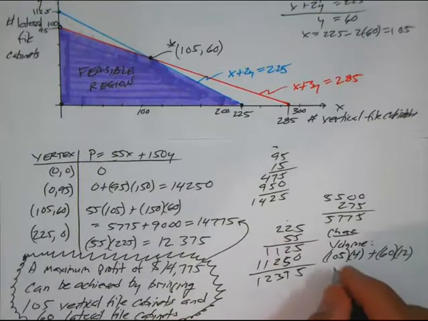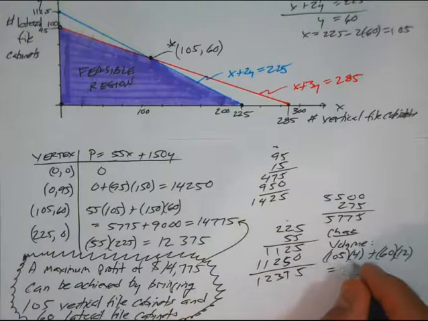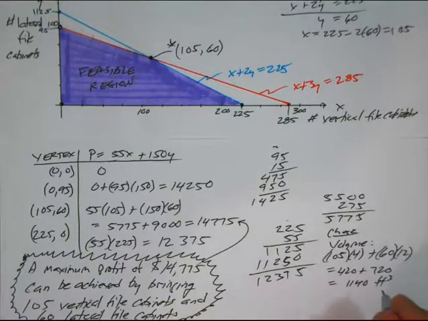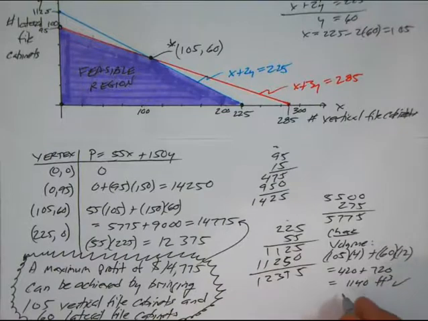Let's see, this would give us 420 plus, 6 by 12 is 72, add a 0, 720. We're up to 1140 cubic feet. Okay, that will fit in the truck. Exactly fits in the truck. Okay, so that's in order.